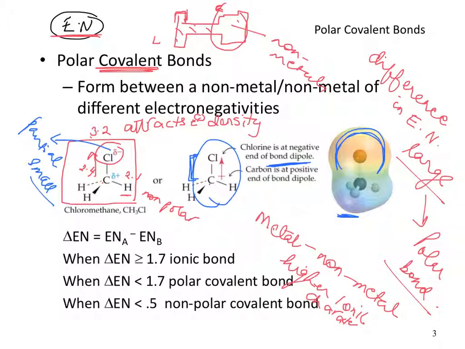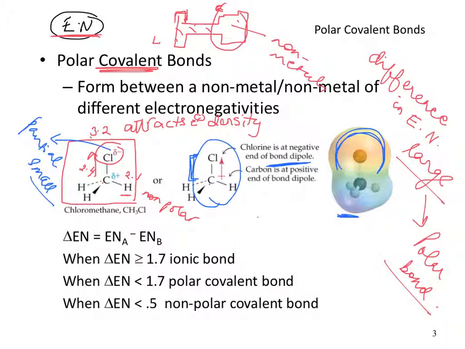Also recall, I'm going to erase parts of this so I can write more. Recall molecules which are homonuclear, so something like hydrogen bonded to hydrogen, or Cl bonded to Cl. These are considered nonpolar. The reason is that the extent with which one atom pulls the electron density towards itself is the same as the extent that the other atom pulls the electron density back.